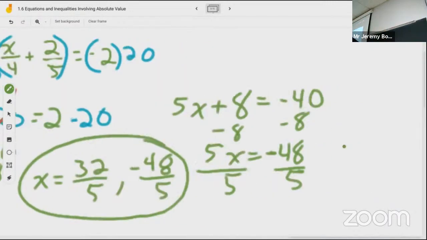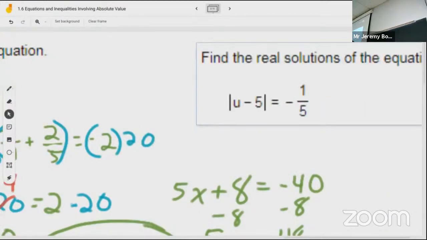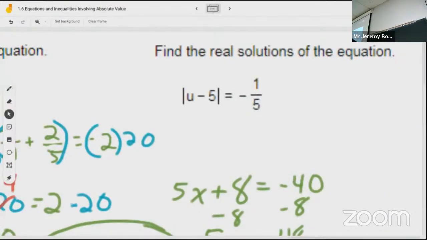All right, let's look at this one next. Wherever I put it. There it is. So yeah, the absolute value of u minus 5 is equal to negative 1/5. What do we need to do there? Anybody know? There's no solution.